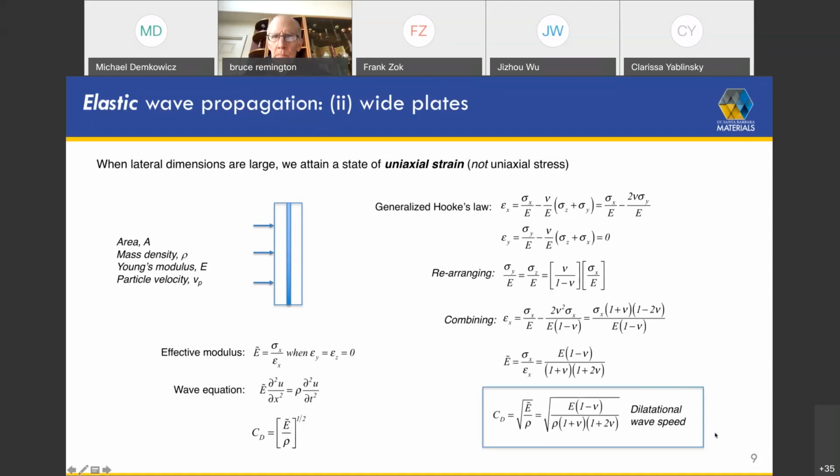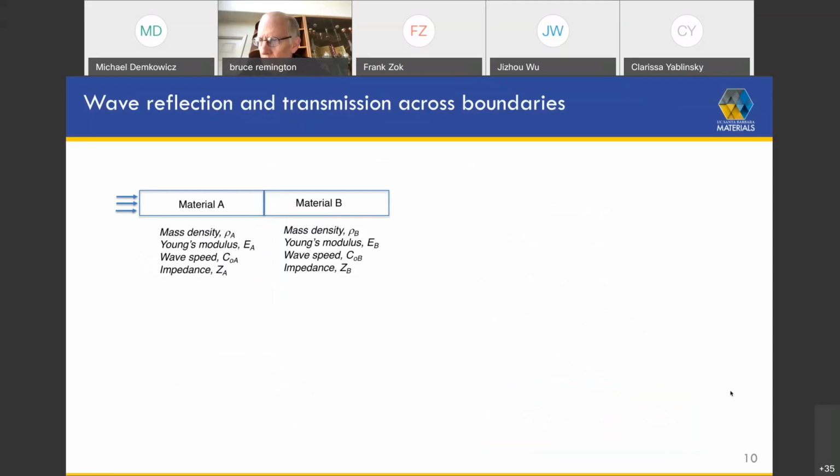And so when it comes to the dilatational wave speed, it's similar to the long rod wave speed, with the exception that it's got this additional function of the Poisson's ratio. Okay. It's not an insignificant effect, but it's not a huge effect either. We're looking at differences between the two wave speeds of about 20% for typical Poisson's ratios. So that's elastic waves in 1D.